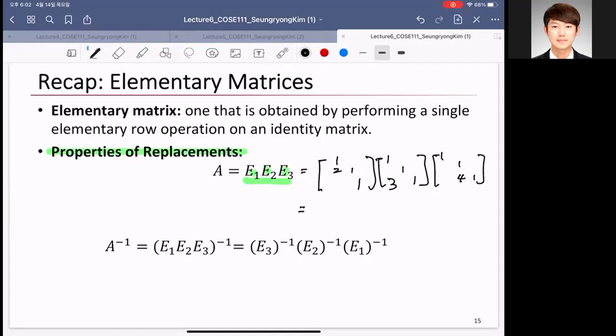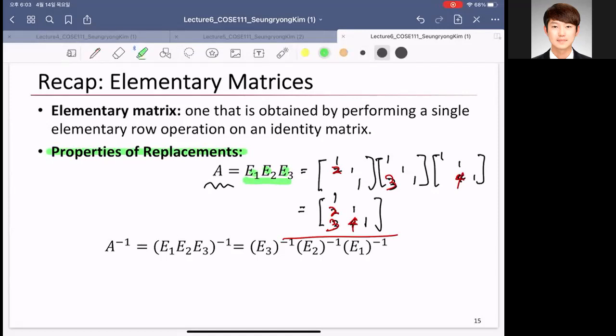Then you can easily see that the product of E1, E2, and E3 is going to be the matrix with 1s on the diagonal and 2, 3, 4 below. You can easily prove that, and easily compute that here. This is a property of the replacement elementary matrix.